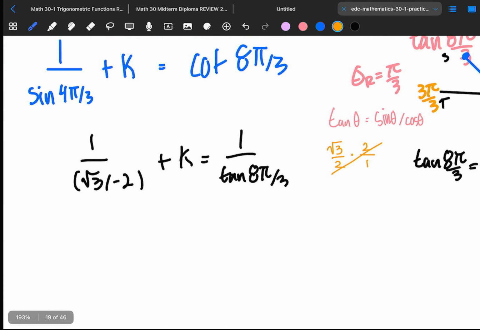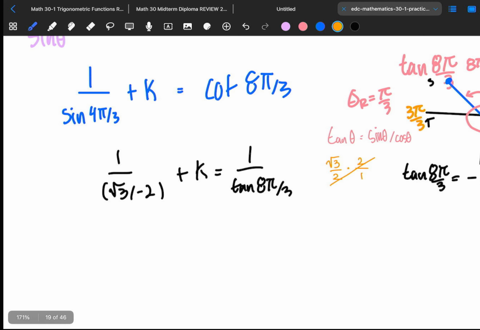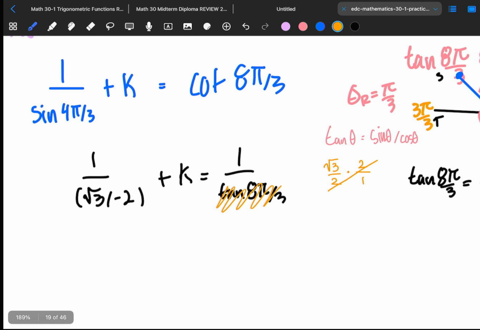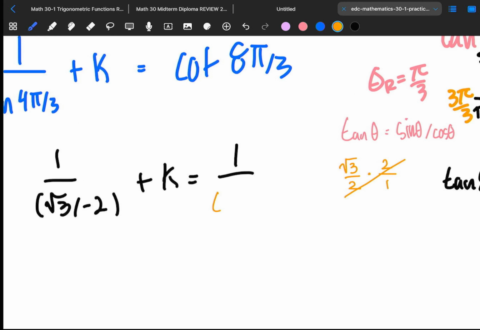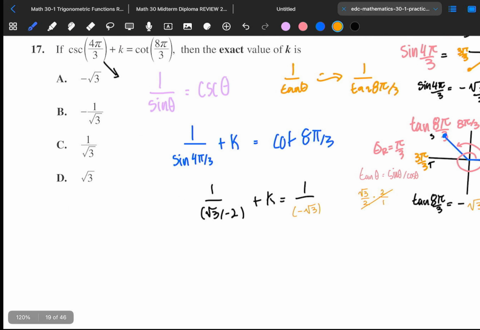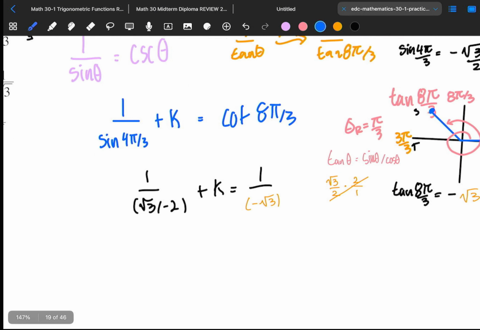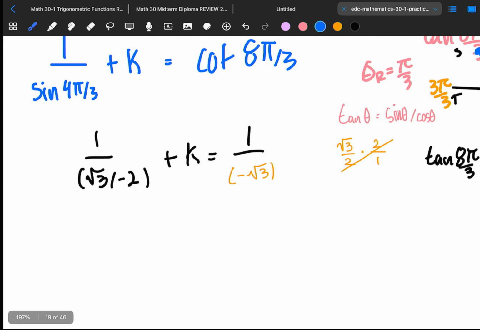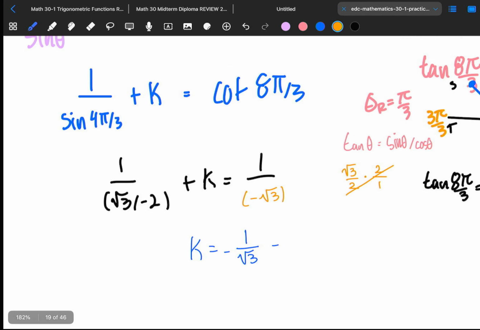And now what you're going to get is this equation here. So I would replace tan of 8 pi over 3 with just this beautiful negative root 3 here. Now we just have to find k. The way we find k is we subtract this 1 over root 3 over 2, and just make sure you're keeping this in brackets. So you have 1 over root 3 minus negative 2 over root 3 once you flip this fraction.